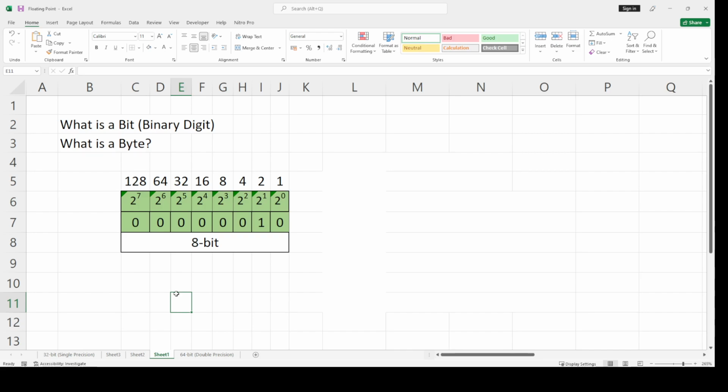But in a computer system, they count in a binary system, since it has only two symbols, therefore the base is only 2. As you can see here, we count not in tens, not in hundreds, but as ones, twos, fours, eights, sixteens, 32s, 64s, 128s, and so on.